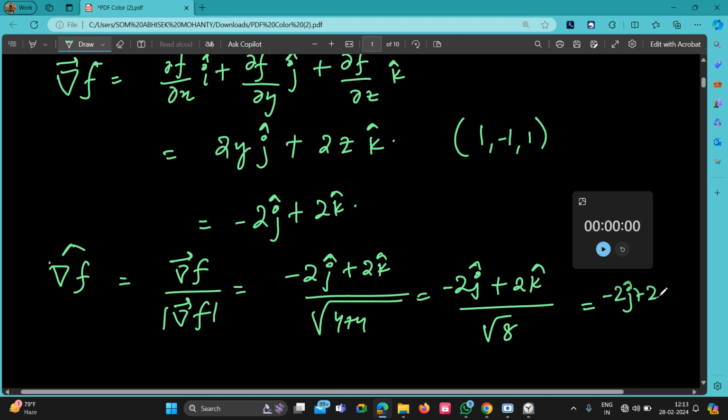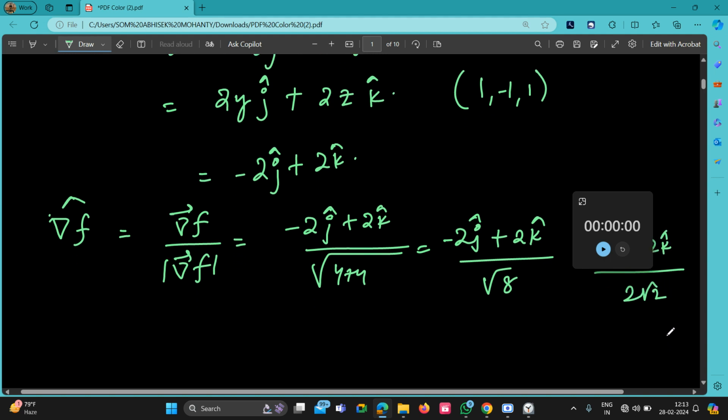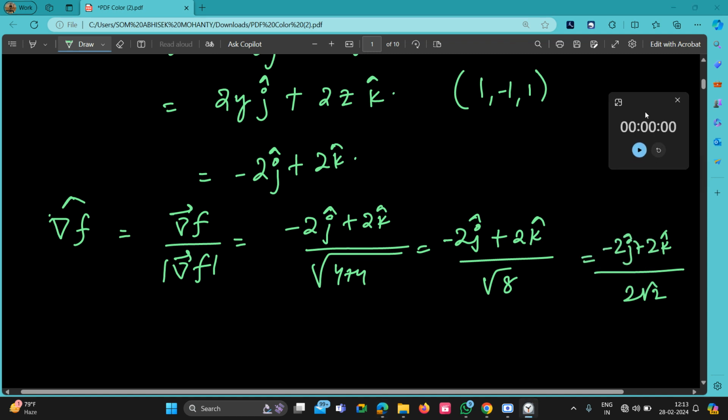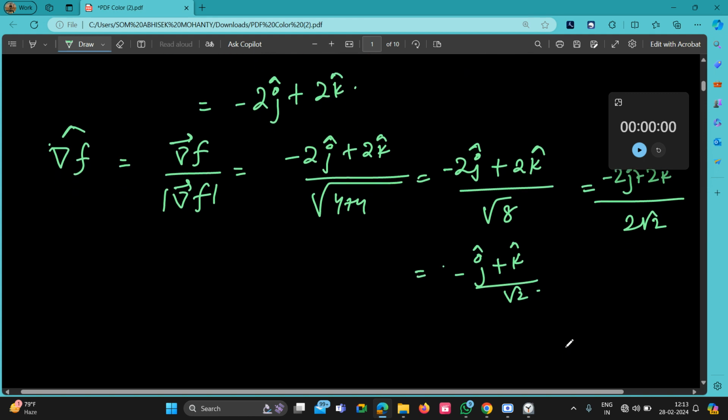That will be minus j cap plus k cap whole divided by root 2, isn't it? So this is your del f cap. This is the normal to f.